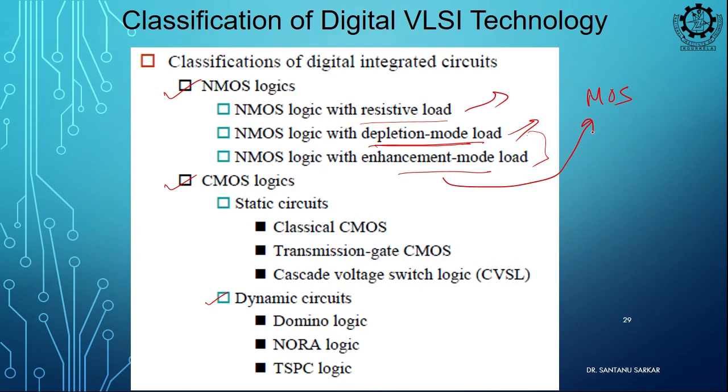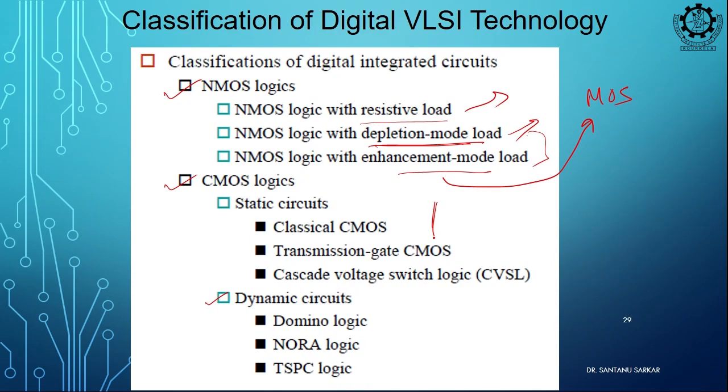Depletion mode is where a channel is already there, so that even at 0 voltage you will get a current. If you want to turn it off, you have to give a negative voltage, that is depletion mode. But in enhancement mode we can have two types of operation, the load could be in linear region or in saturation region.